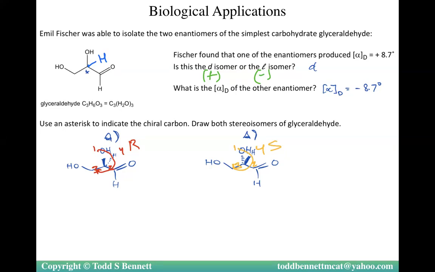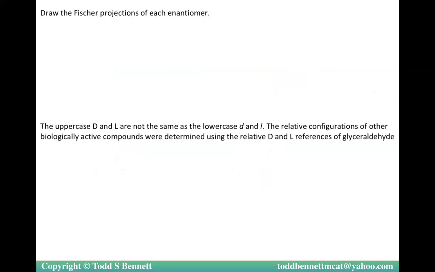So this would be the R glyceraldehyde, this would be the S glyceraldehyde. And it would be specifically 2R, which is redundant because there's only one possible chiral center in this, and 2S, but again, redundant.